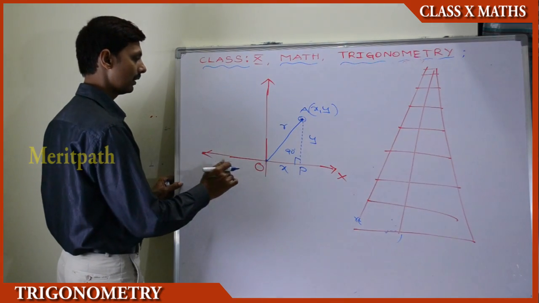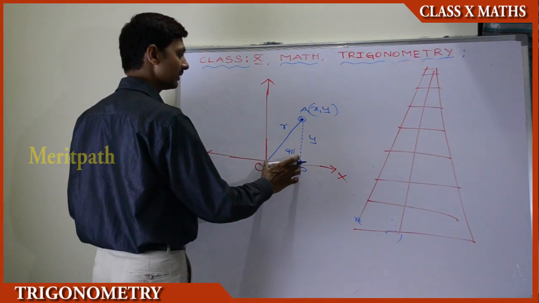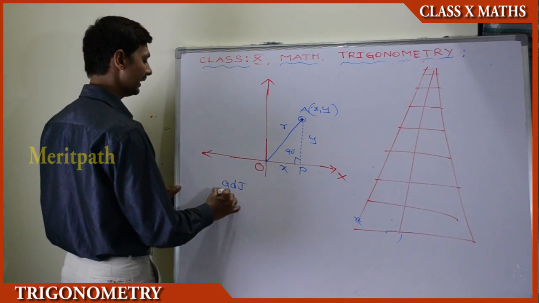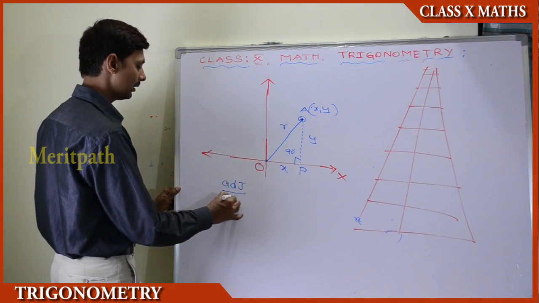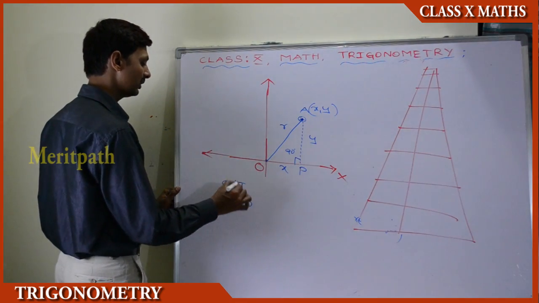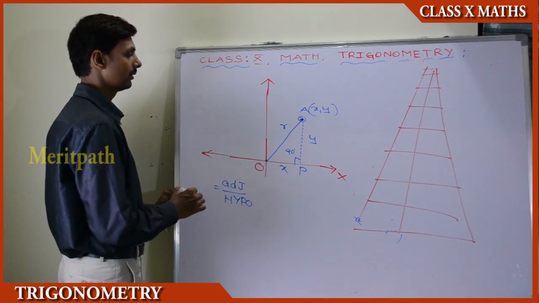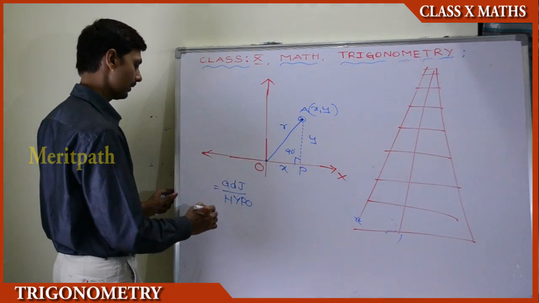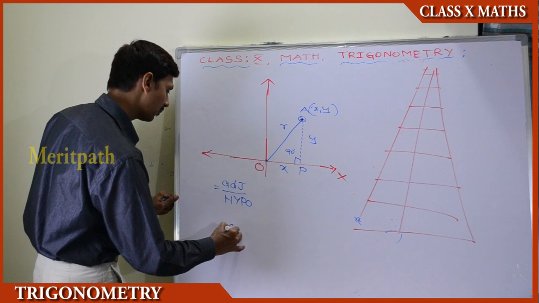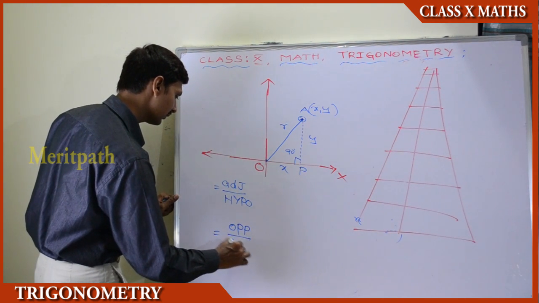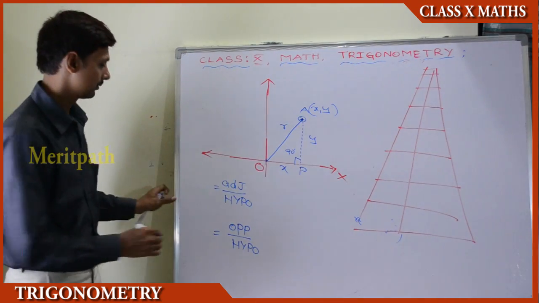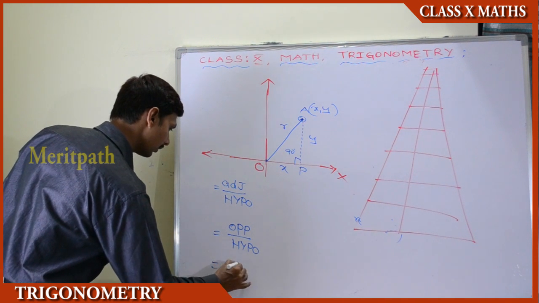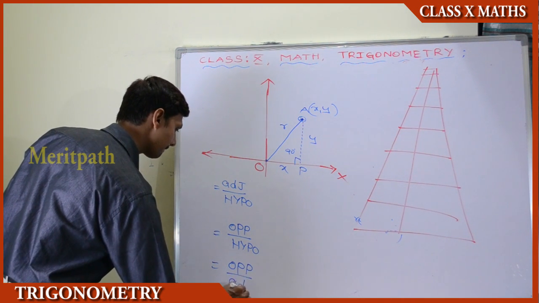When we take combinations of the sides, adjacent side by hypotenuse, adjacent side is written in short form as ADJ and hypotenuse as HYPO. The combinations are adjacent side and hypotenuse, opposite side and hypotenuse, and opposite side by adjacent side.